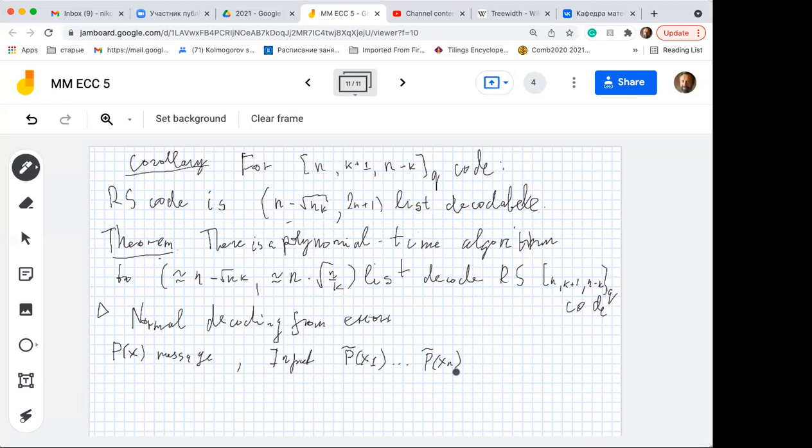We proceed as follows. Given that input, in the first step we find two polynomials, which we denote by Q and R, such that Q of xi times this corrupted value at xi is equal to R of xi, in all our n points.